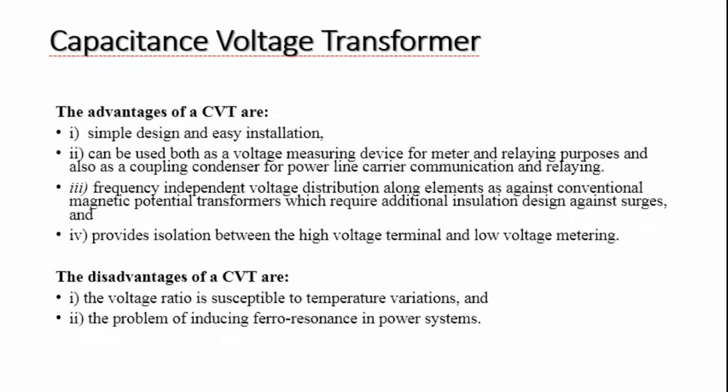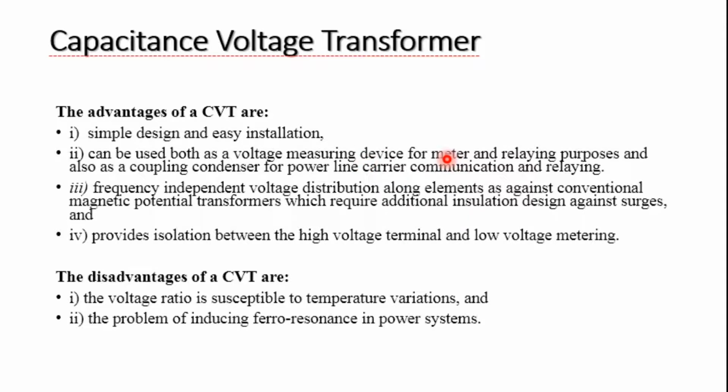Then coming to the advantages and the limitations of capacitance voltage transformers. First one is the advantages. It is a simple design and easy installation, so there is no need for additional devices, and this can be used both as a voltmeter measuring device for metering and for relaying purposes.